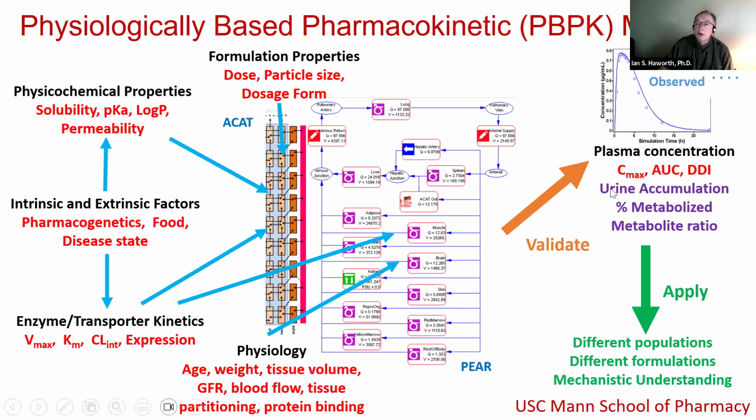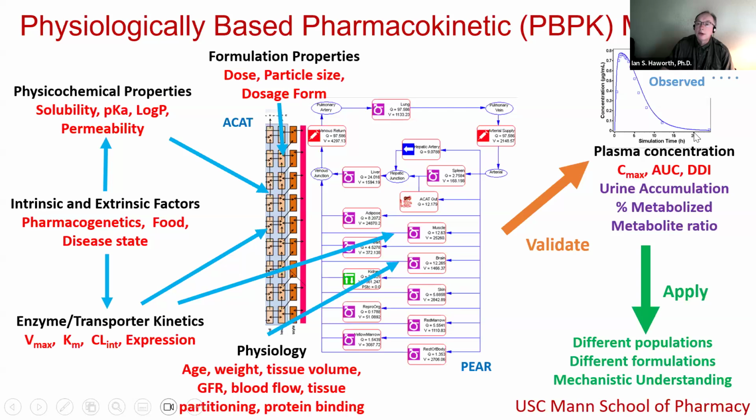But I also put in a number of other things here, because one of the things that I want to just emphasize in the next few minutes is that fitting the plasma concentration versus time profile, that is absolutely important and is really the starting point.